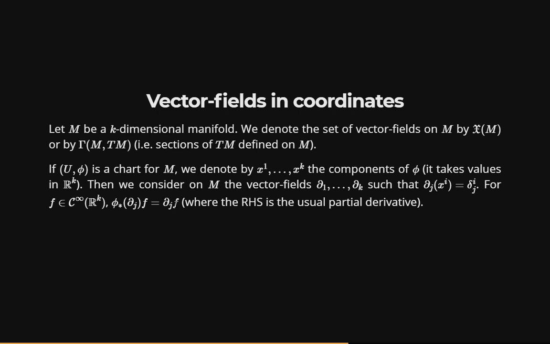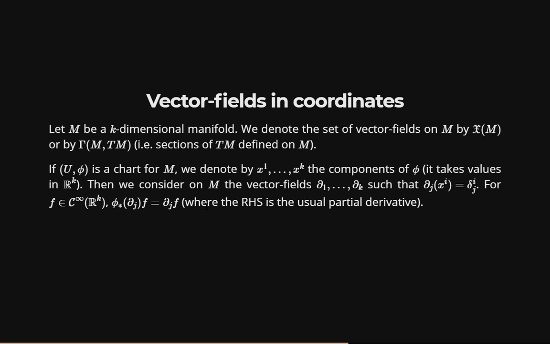Now you can easily check that if you push forward any of these vector fields to Rk, so if you do phi star like we did in the beginning 3 slides ago, and you apply it to any function f on Rk, you get just the jth partial derivative of f.